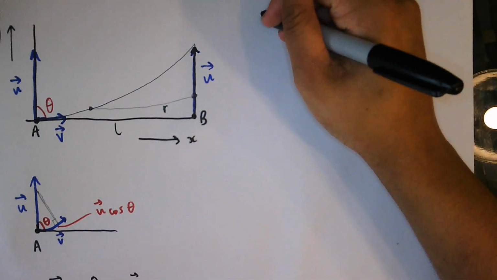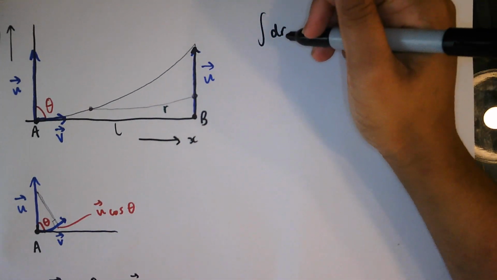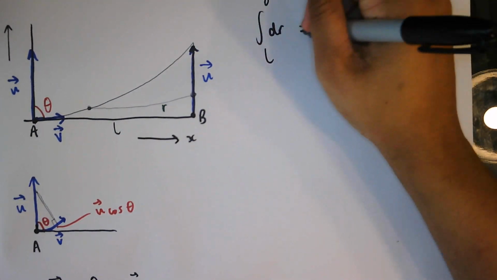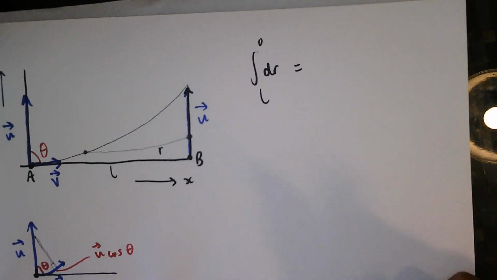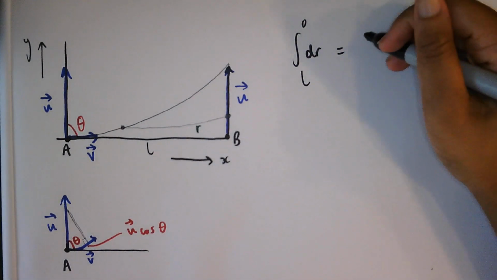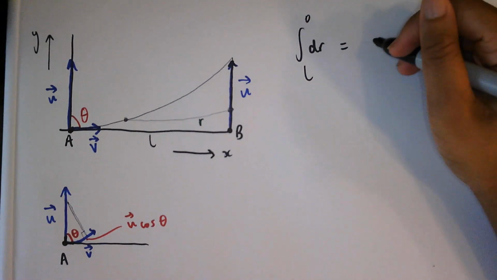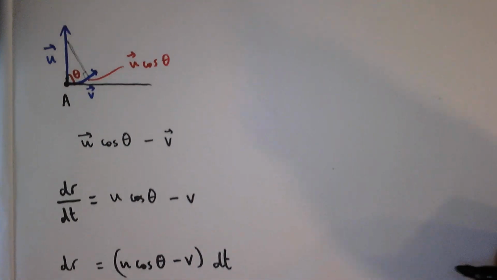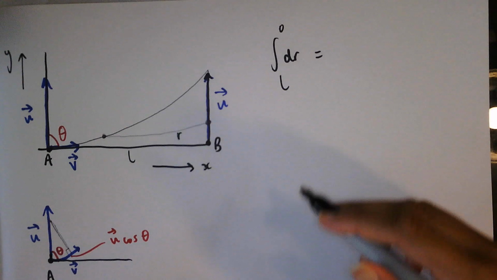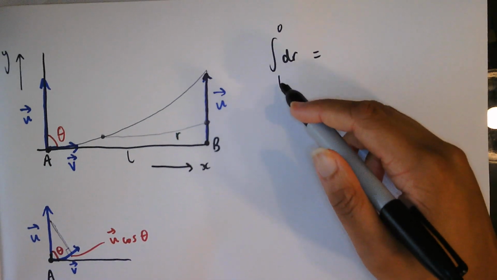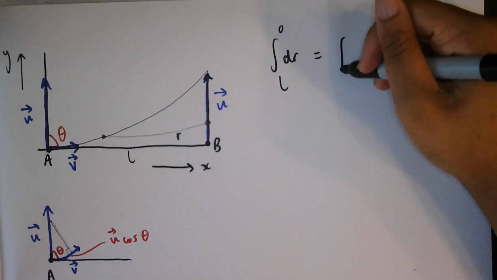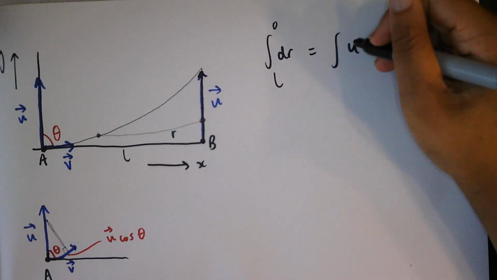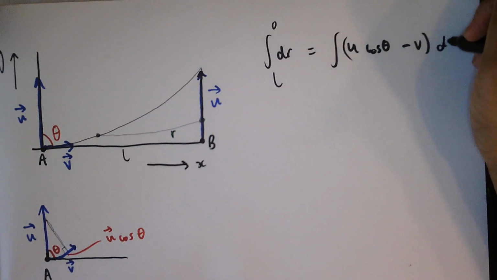So the integral of dr, lower limit L and upper limit 0, is equal to the integral of (u cos theta minus v) dt.